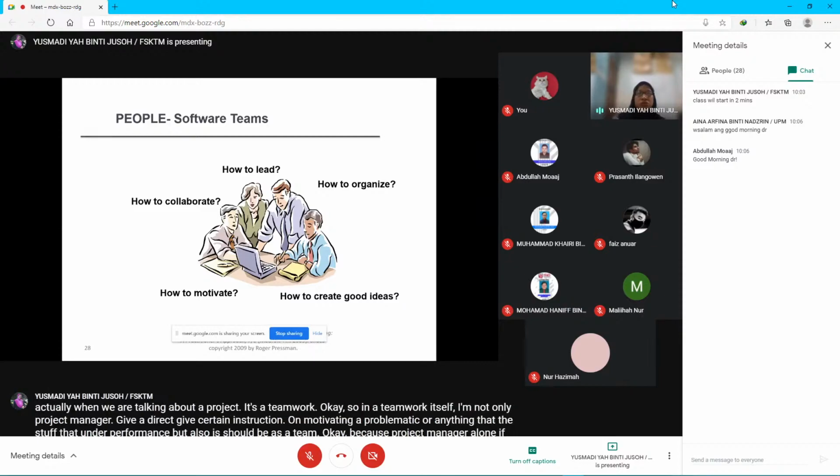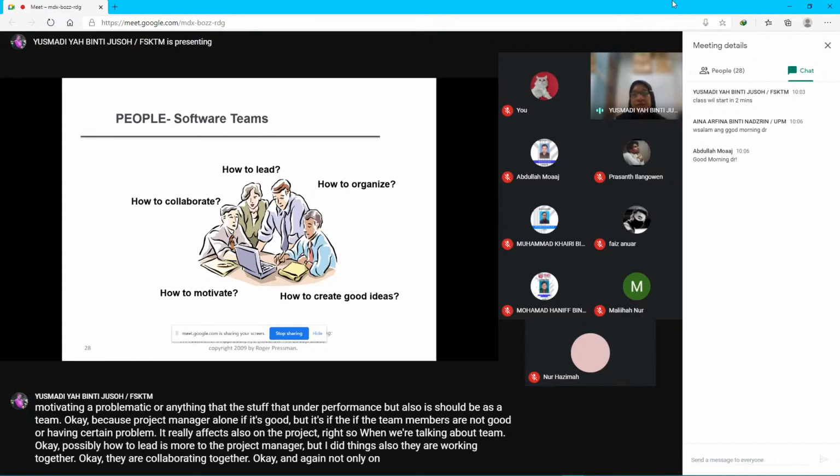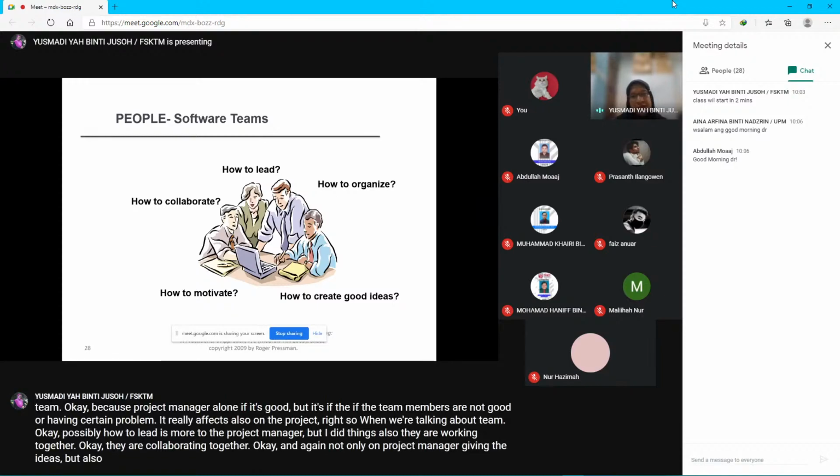How to lead is more on the project manager, but otherwise they are working and collaborating together. Ideas do not come only from the project manager but from others too. Everyone can give ideas if they are good for the team and for the project.